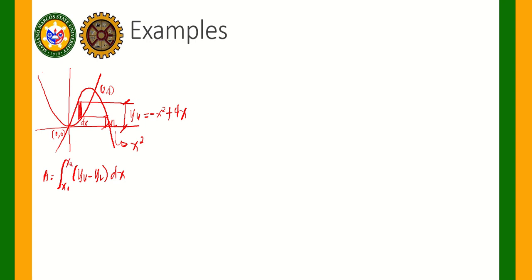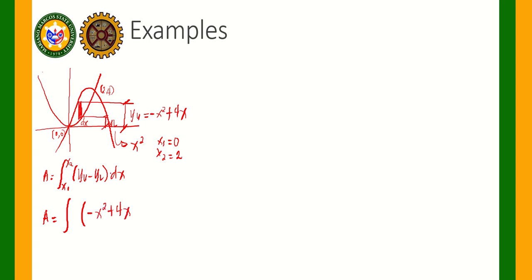So, yung x sub 1 natin is 0. And then, x sub 2 natin is 2. Okay? So, let's substitute the values. So, area is equal to the integral of what is our y upper? That is negative x squared plus 4x.